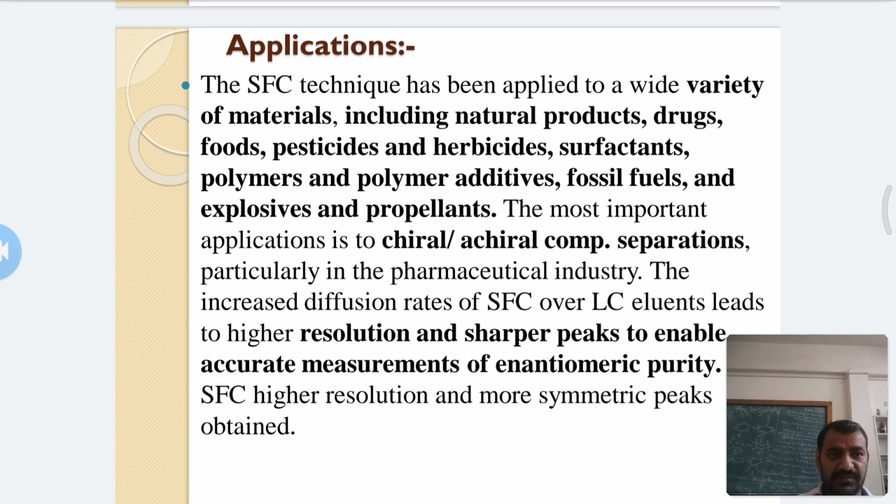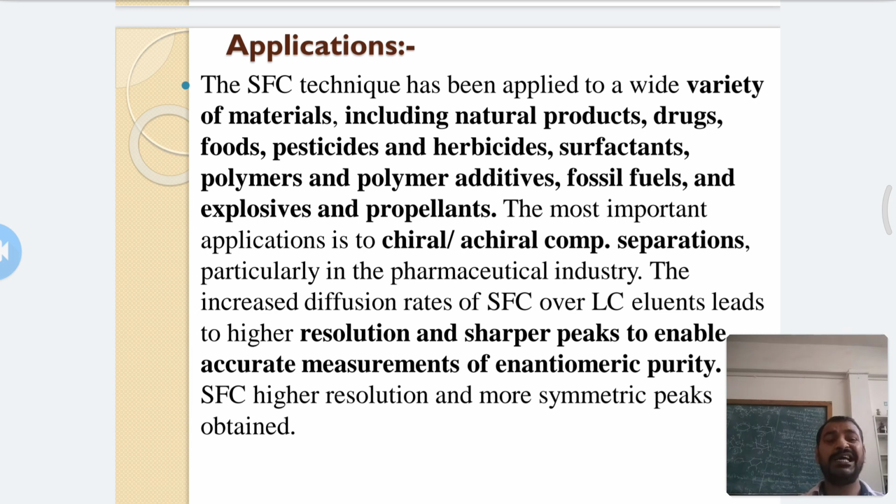The increased diffusion rate of supercritical fluid over liquid chromatographic eluents leads to higher resolution and sharper peaks, enabling accurate measurement of enantiomeric purity.